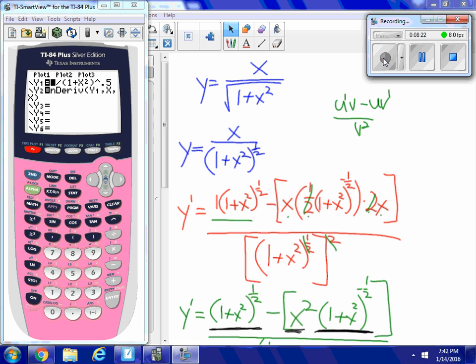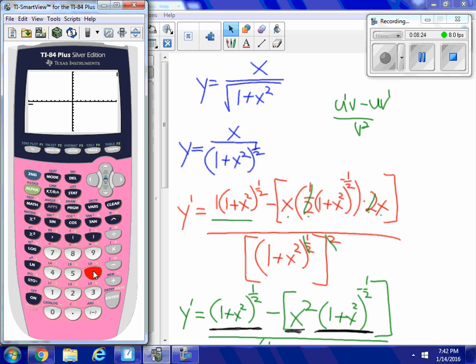now if I go zoom 6, I get the graph of my function first, that's my y1. And then I'm going to get the graph of my derivative. It's a little tiny thing there. So I can see I kind of need to change my window here. I need to expand my y's.